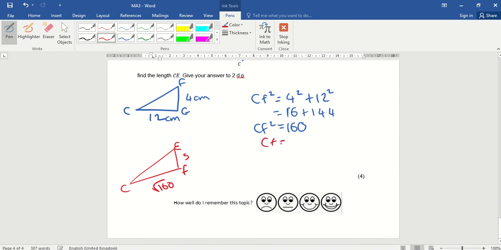We can add that bit there if we want. But we can see again we're going to have to do Pythagoras again. Still looking for the hypotenuse, so we're going to have CE squared equal to 3 squared plus 160, which gives us CE squared is equal to 169. So CE is the square root of 169, which is 13.